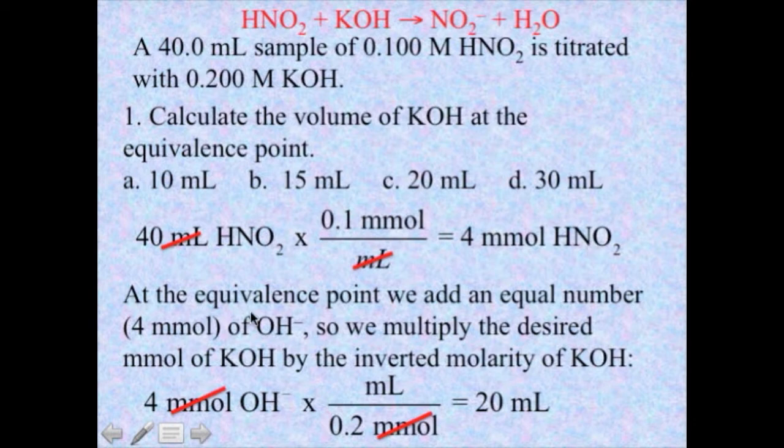So at the equivalence point, we add an equal number, 4 millimoles of hydroxide. And to get the number of milliliters of hydroxide solution, we multiply the desired millimoles of potassium hydroxide by the inverted molarity so that millimoles cancels out and leaves our answer with the units of milliliters. And the answer is 20 milliliters.